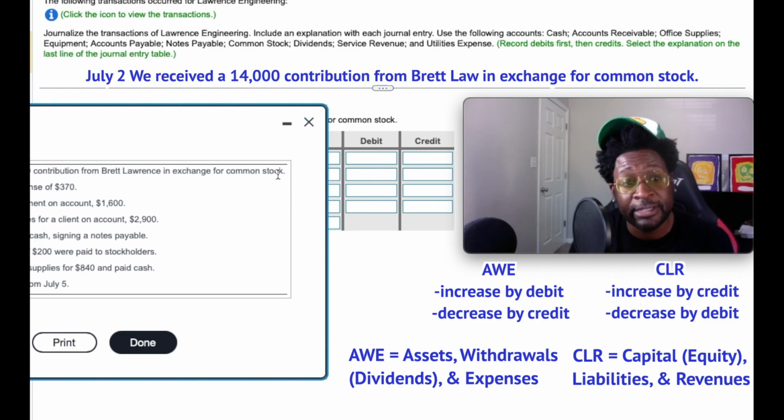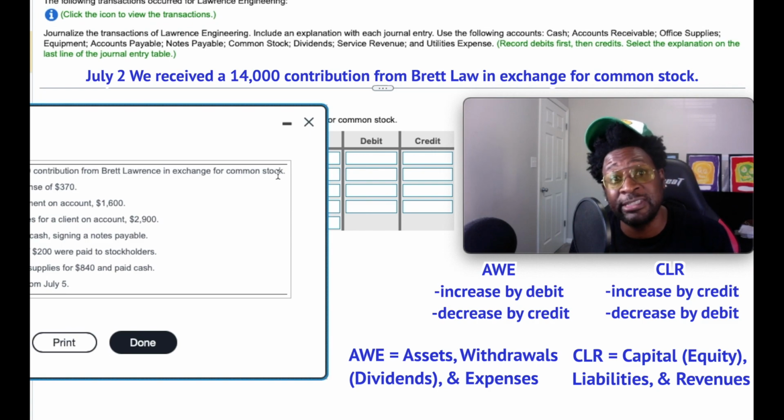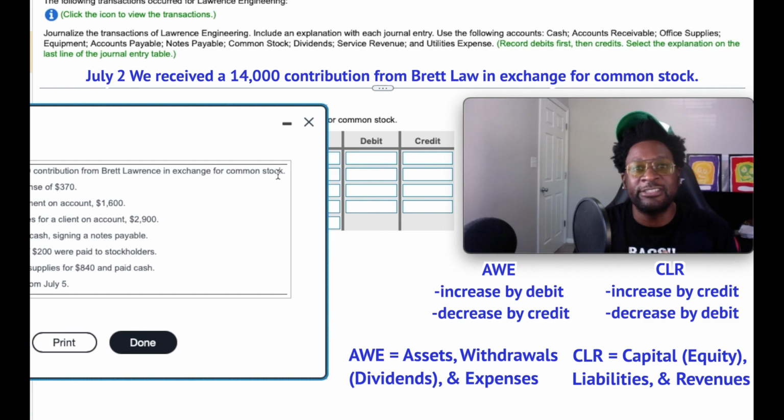And what is happening? We're receiving the cash, which means that it is increasing in the company. Thus, since it's in the All gang, we're going to debit cash. What about common stock? We, as the company, issue shares of stock in order to receive the cash. So now we have more shares outstanding, which means that our equity, common stock particularly, has increased.